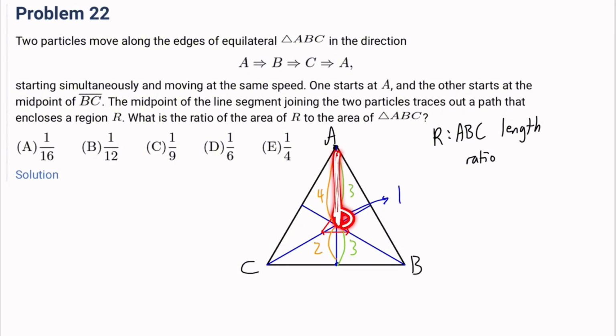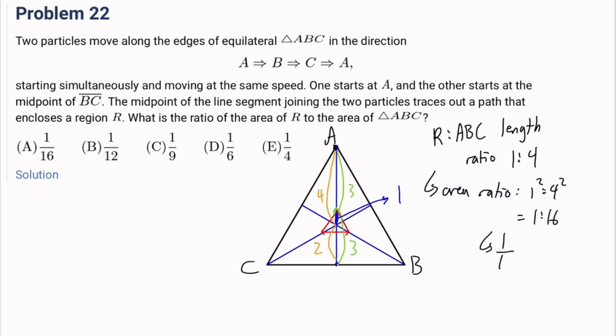So it's 1 to 4. So the ratio is 1 to 4. So let's write that again, 1 to 4. And so we want the ratio of the areas. So the area ratio is 1 squared to 4 squared, which is 1 to 16. So this is going to be 1 over 16. So this is the answer.